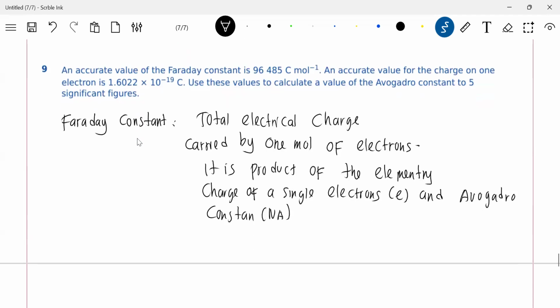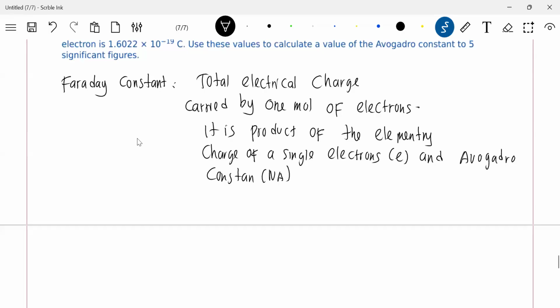This is the formula, yeah? The formula is F equals E times Avogadro number. This is also related to stoichiometry. What is Avogadro number? Avogadro number is the number of particles in one mole.